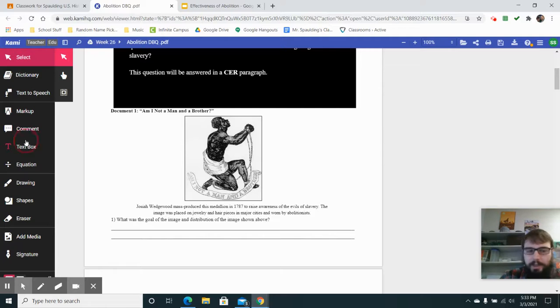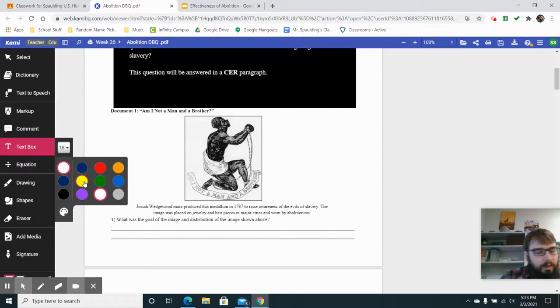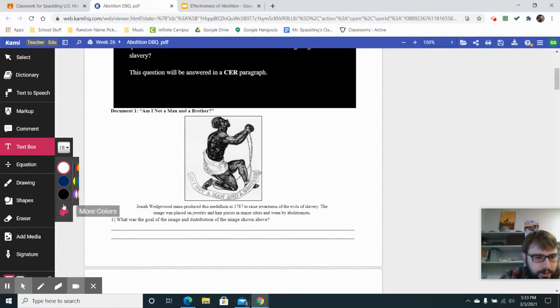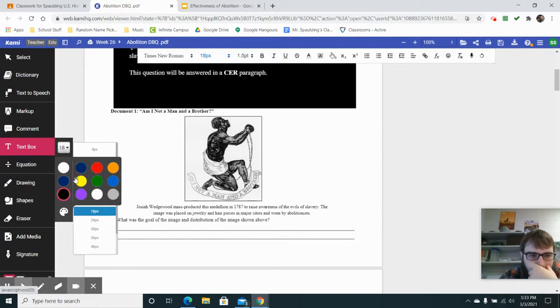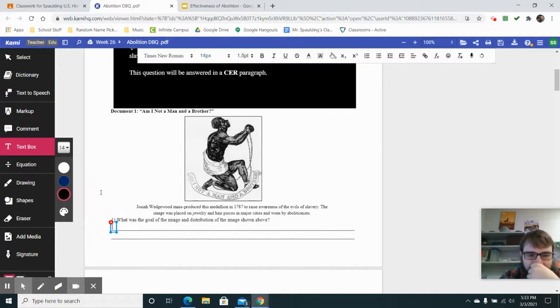Okay, so you're going to kind of use some common sense and or background knowledge along with what we can see to answer these. So go ahead and use the text box. Make sure you're on, you can choose a color as long as I can see it. Black, I'm going to go with font. Let's go with 14. I think that'll fit. Okay, so I'm going to answer in a complete sentence.